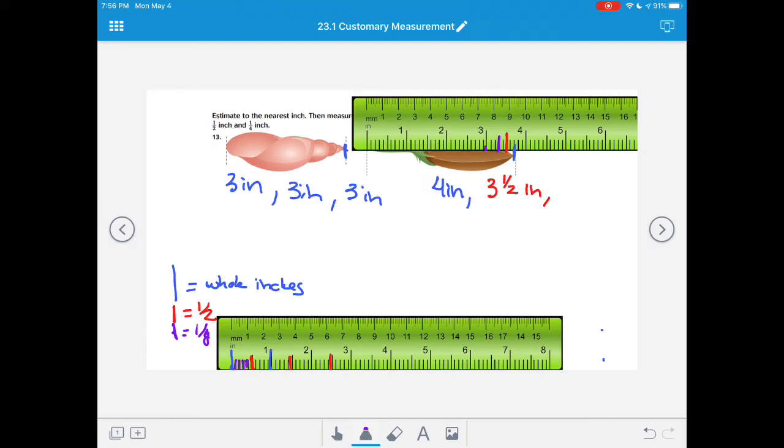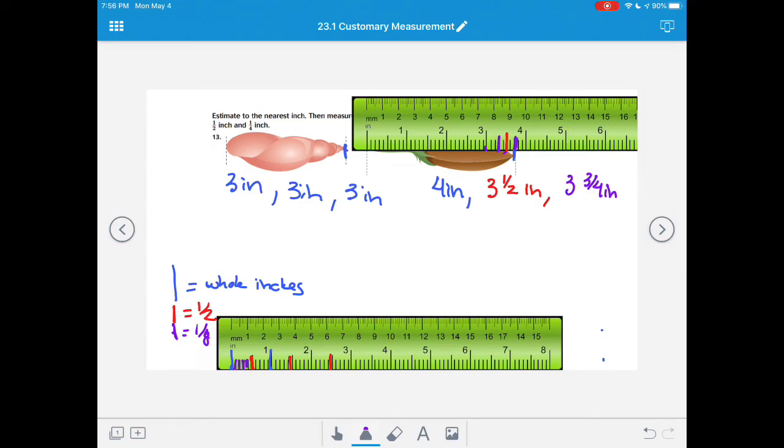So I see to the nearest 1/4 inch, it appears that we are past the halfway mark, which would mean the next 1/4 would be 3/4. So this is 3 3/4 of an inch if we're measuring to the nearest 1/4 inch.